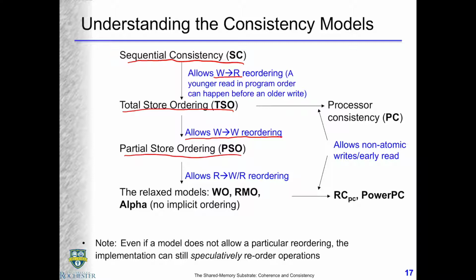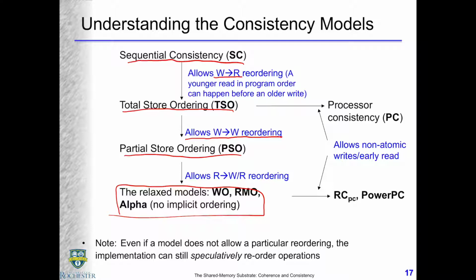Why not ignore the implicit program order completely? And if you want any memory transaction to go before another memory transaction, you have to tell me explicitly. And that's actually this model over here. Okay, so you can see that this chain of models are becoming more and more relaxed, meaning there's more freedom for the hardware implementation.